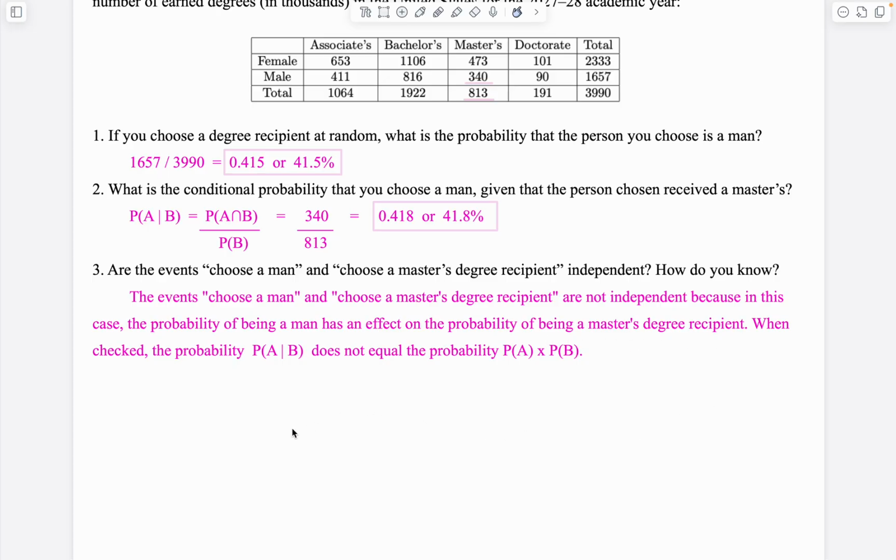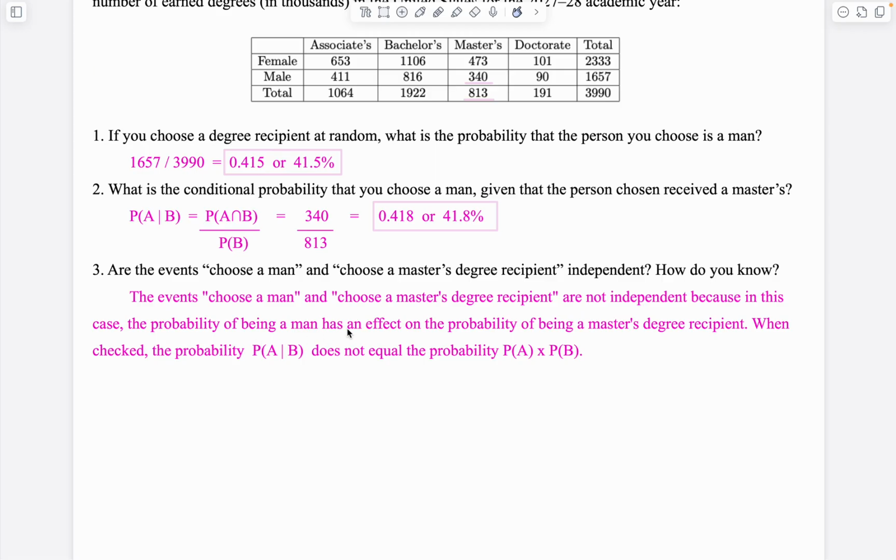You can check this by multiplying the probability of A, which would be the total amount of males, by the probability of receiving a master's degree, and those don't add up to be the probability of A given B. So that would be that number. So the fact that they don't equal the same means that they are dependent.